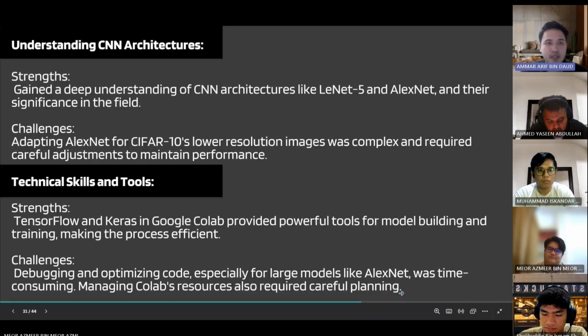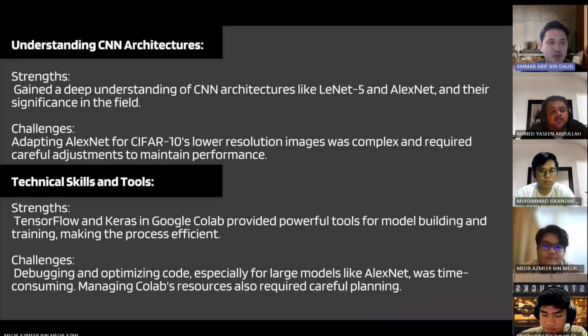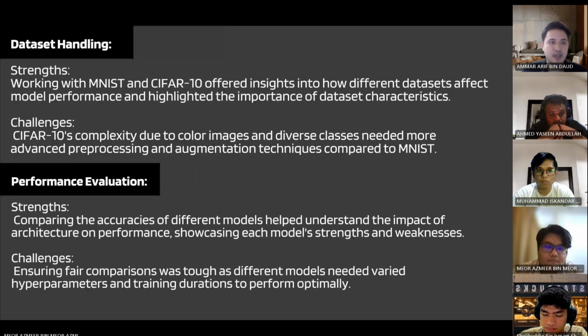From understanding CNN architectures, we will have strengths and challenges, also in technical skills and tools, next, and also in dataset handling and performance evaluation. So all of these have strengths and challenges that we can improve on in the future. So next.